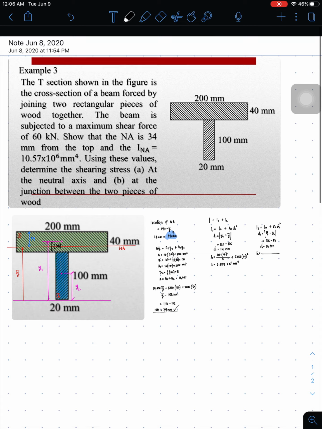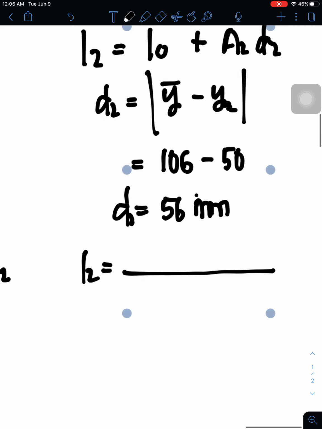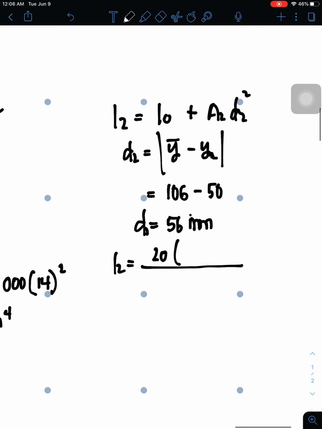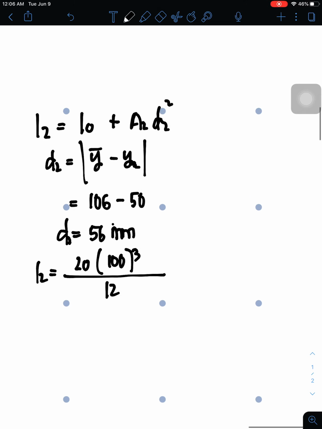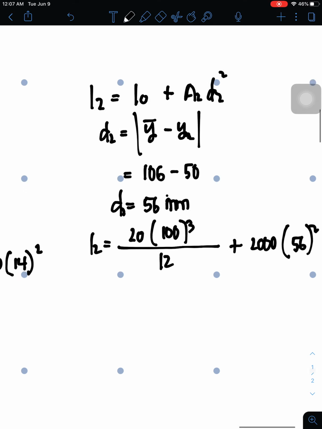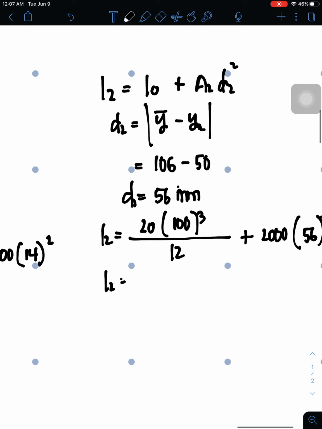Alright, so our I2 now. What is the base? The base of the second area is 20. So that's 20 times the height of 100 cubed divided by 12 plus area 2,000 times 56 squared.